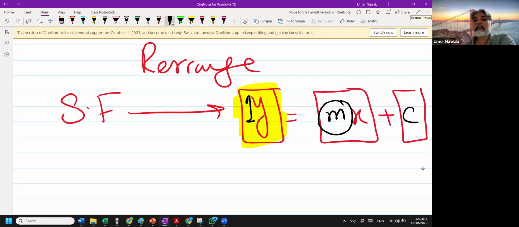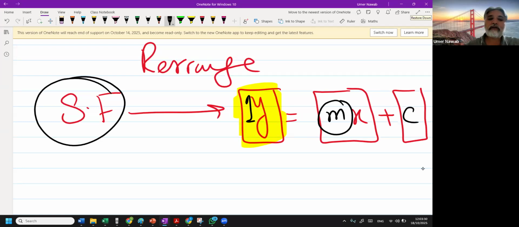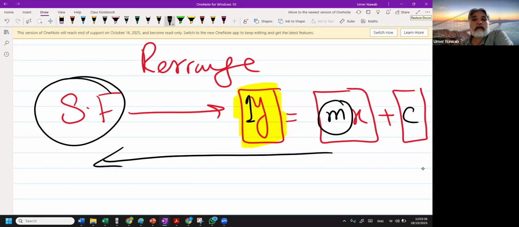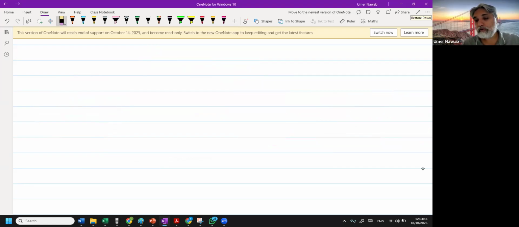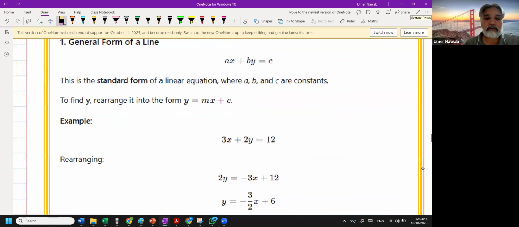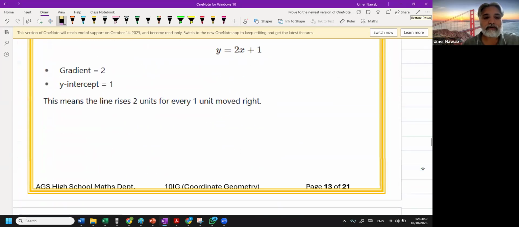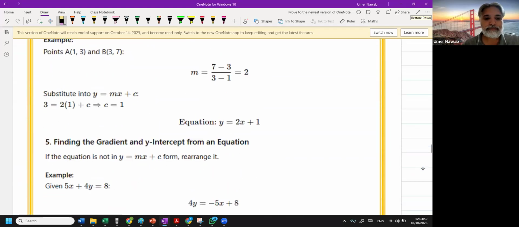Y is equal to mx plus c. So many times the examiner will ask you to convert from standard form to y is equal to mx plus c, or from gradient intercept form, he will ask you to convert it into the standard form. So don't make a big problem for us to do this rearrangement. So let's start working on our questions.